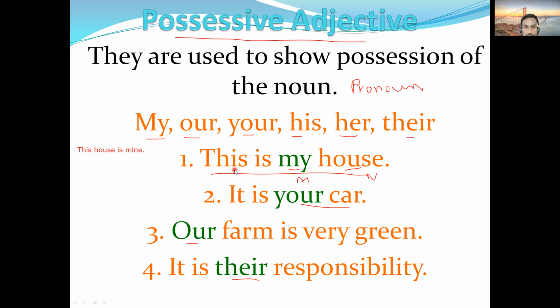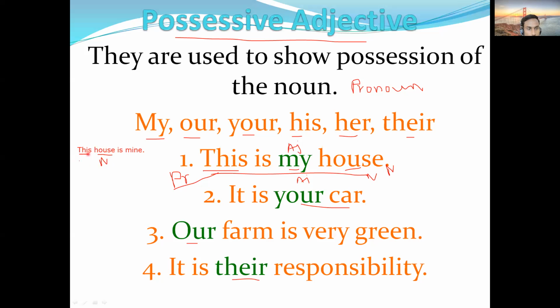So here in this case, this is a pronoun. Okay, this is a pronoun in this sentence, and my is an adjective. Which adjective? Possessive adjective. House is a noun. So now we just modified some words here and there, and this house is mine. House is a noun here also.